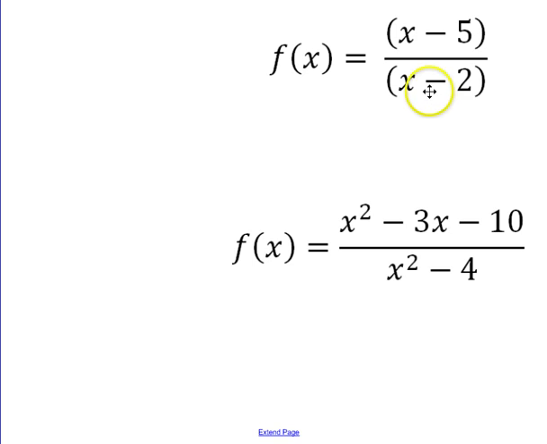This function looks identical with the exception that I no longer have a hole. So these two functions look a lot alike graphically, but they are not identical, so you have to be really careful. Now let me show you how you remove it utilizing what we call a piecewise function.